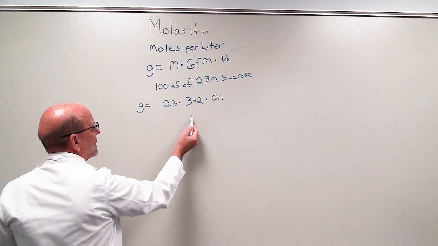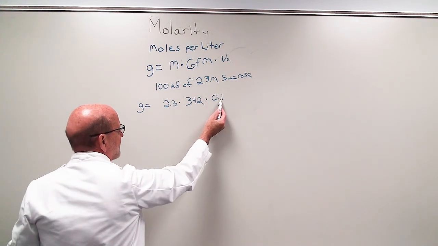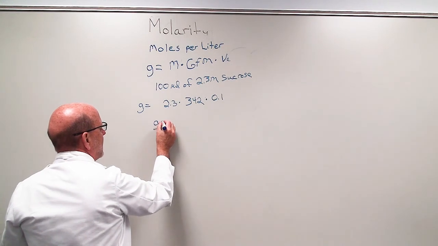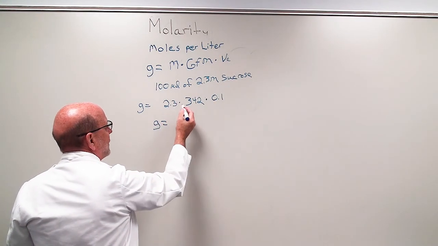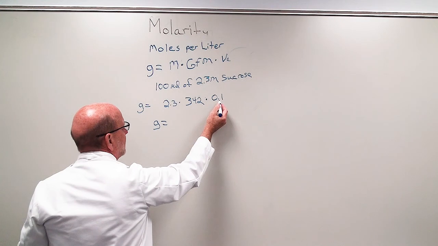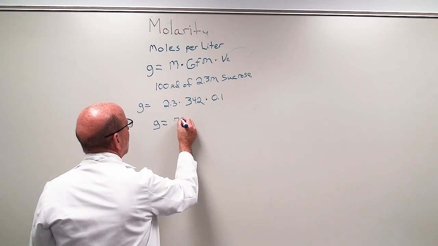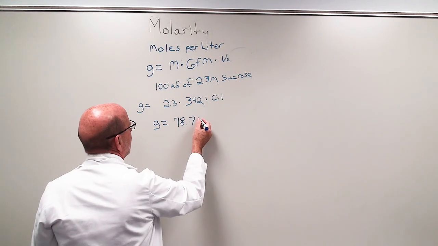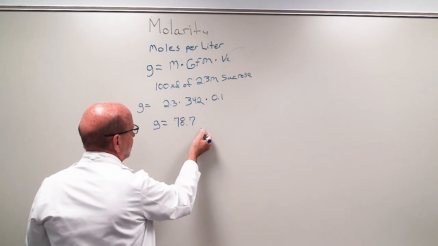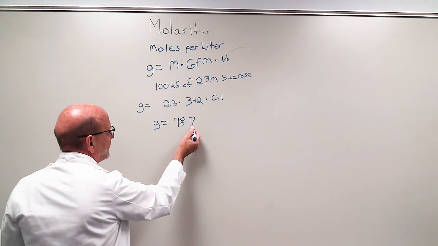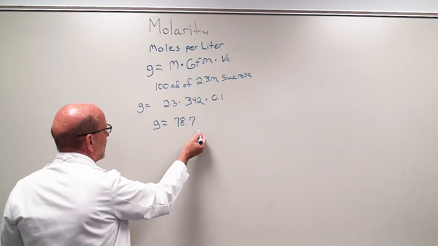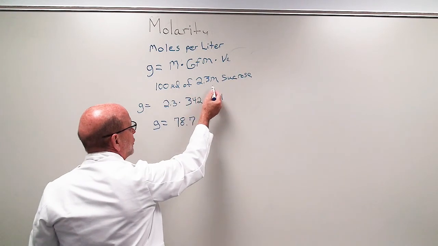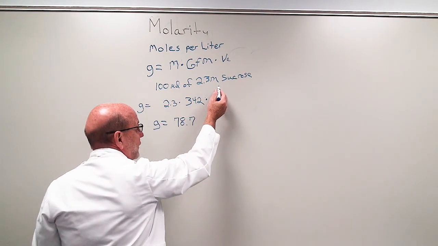So our grams are going to equal the 2.3 times the gram formula mass, 342, times 0.1 for our 100 mLs. And so when I figure that out, it turns out I need 78.7 grams of sucrose into 100 mLs of our solution, and that's going to make 2.3 molar sucrose.